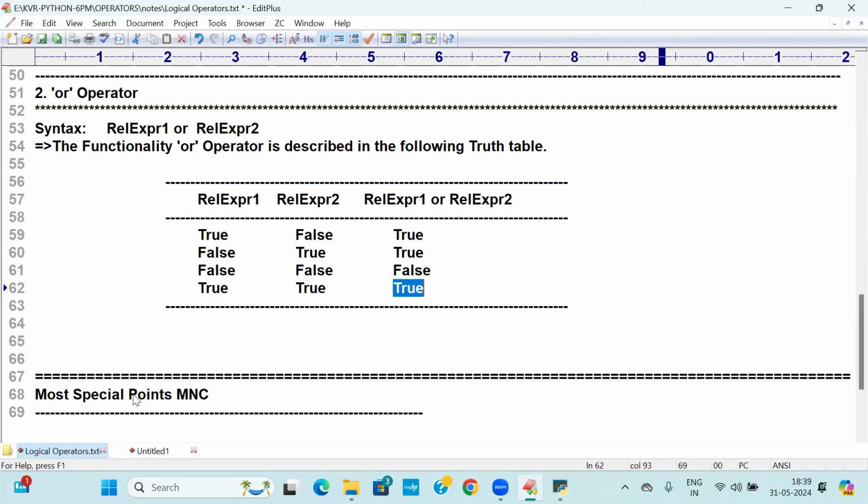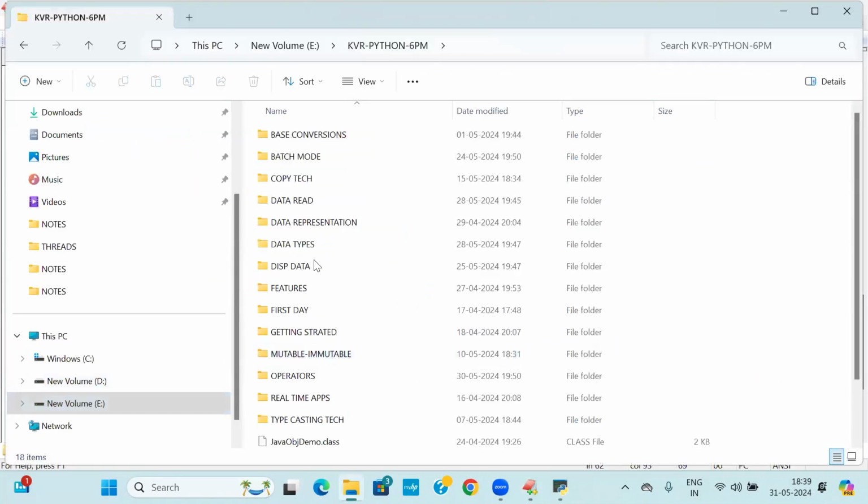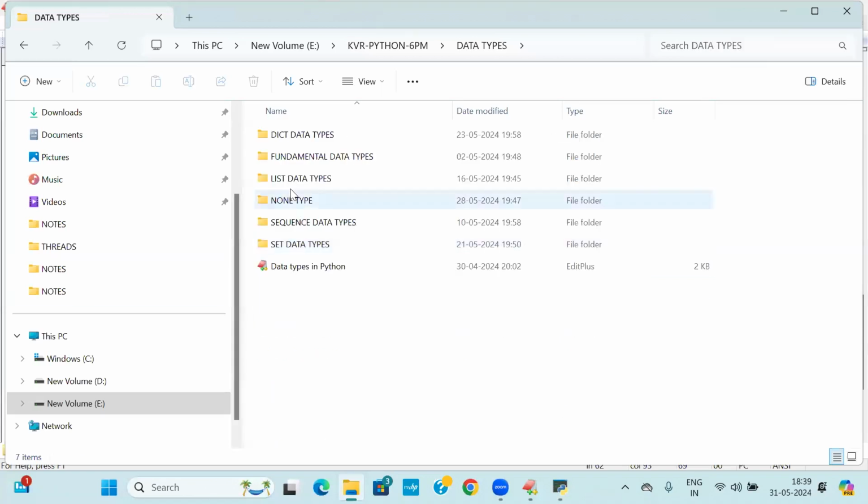See, all non-zero values are true, all zero values are false. Already said in data types. So Vaishnavi, good, keep it up.